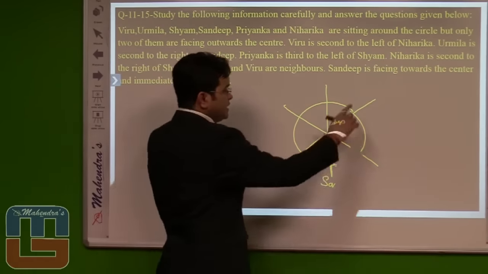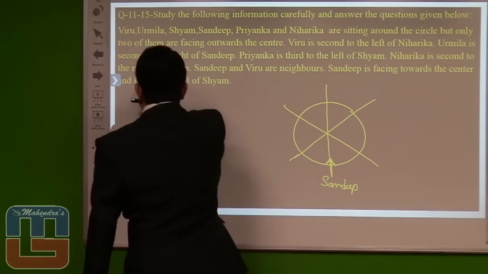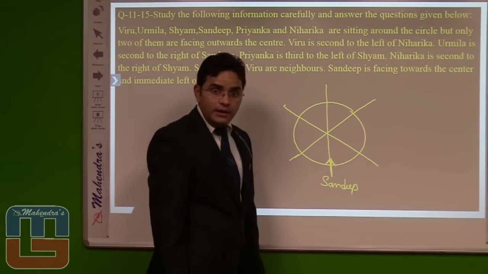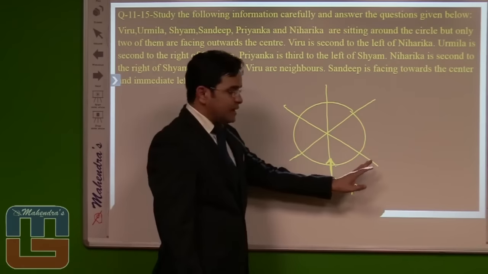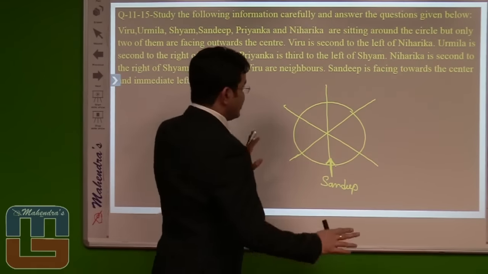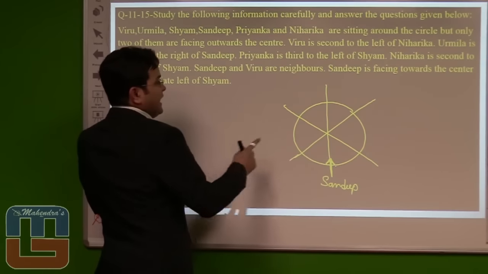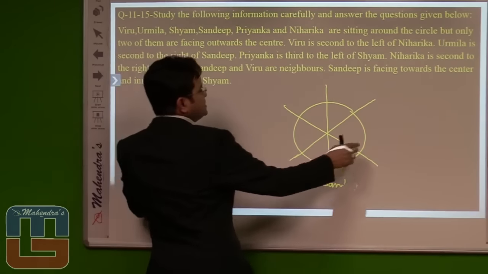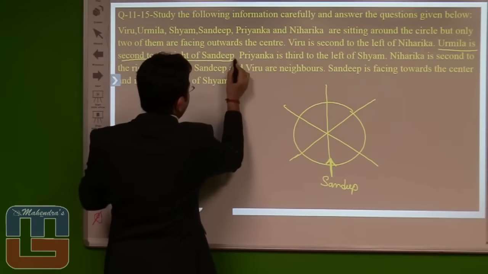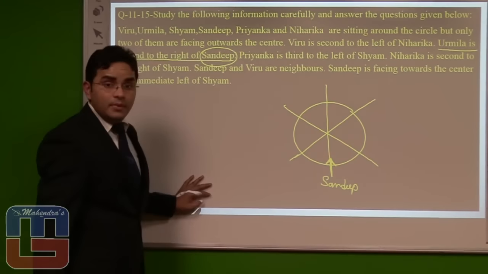Sandeep is facing towards the center and immediate left of Shyam. Got it? It means Shyam is a neighbor of Sandeep. Now read out the next statement. Any other statement related to Sandeep? Here you can check: Umila is second to the right of Sandeep, and the base element is Sandeep.